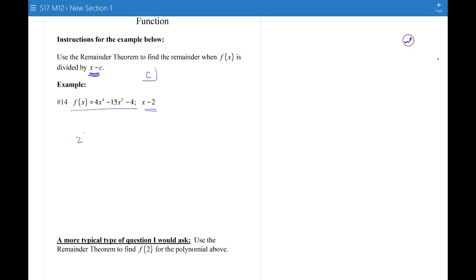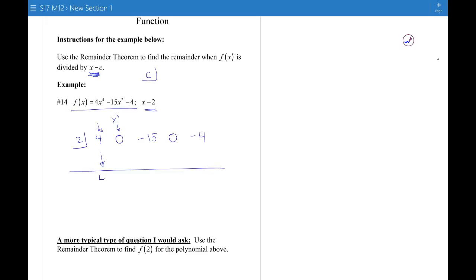So 2 is what goes in the little synthetic division pocket. Then you have 4 for the x to the 4th term. You have to remember to put 0 for the x cubed term, negative 15 for the x squared term, 0 for the x term, and then negative 4 for the constant.